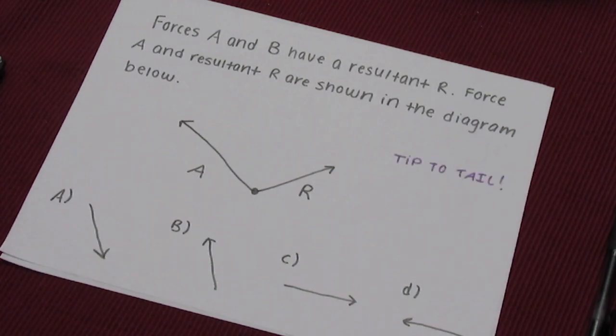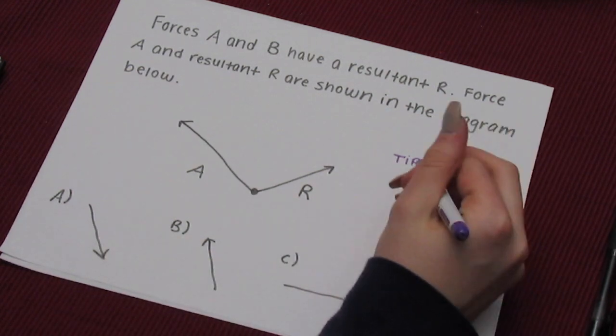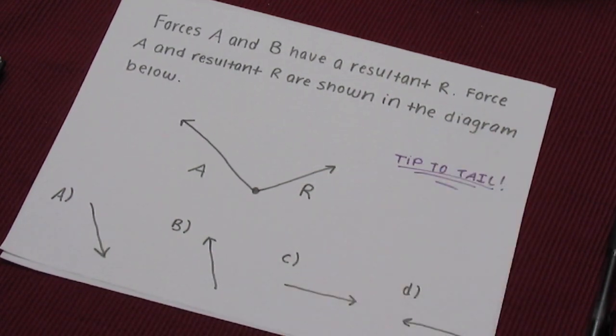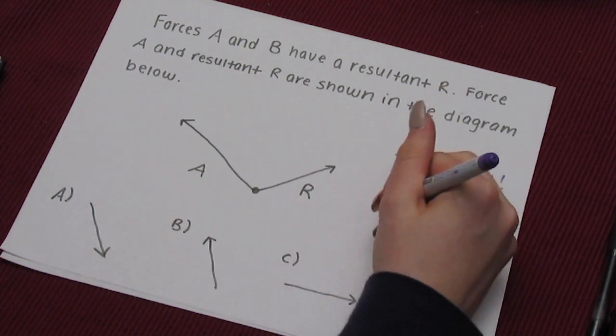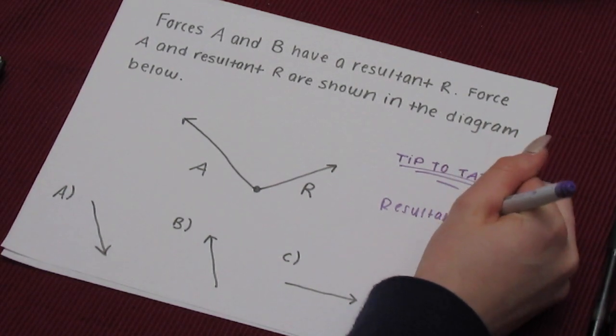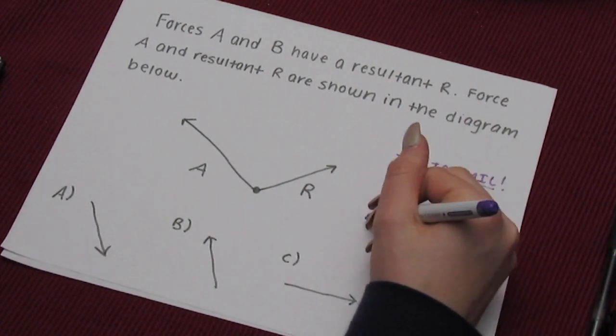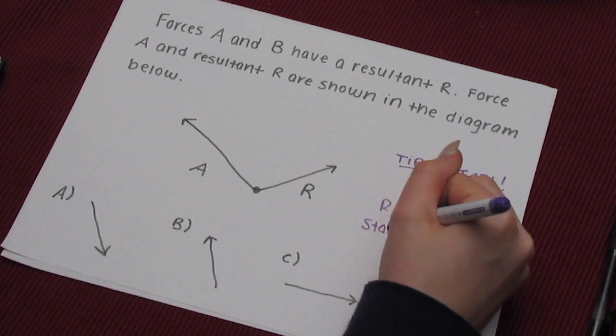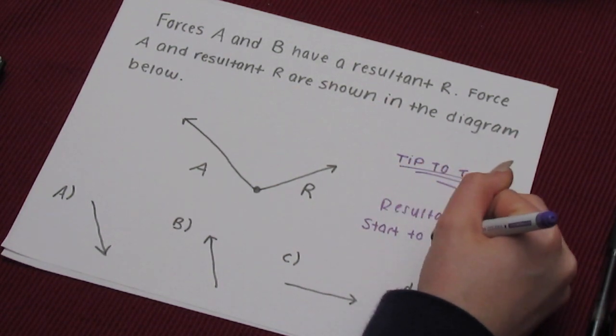Now, whenever you're drawing vectors, vectors are always drawn from tip to tail. Resultants don't have to be drawn from tip to tail because the resultant shows the resultant force. Resultants are drawn from start to finish.